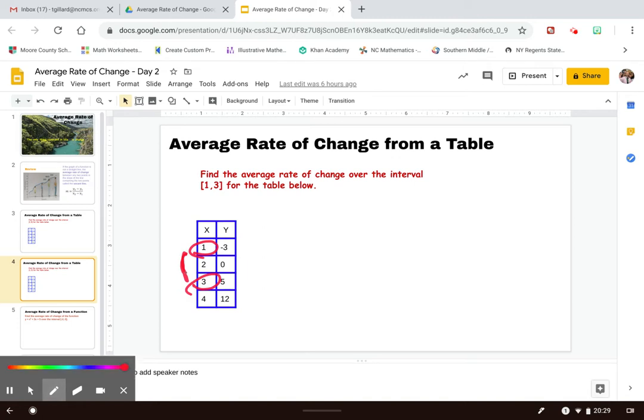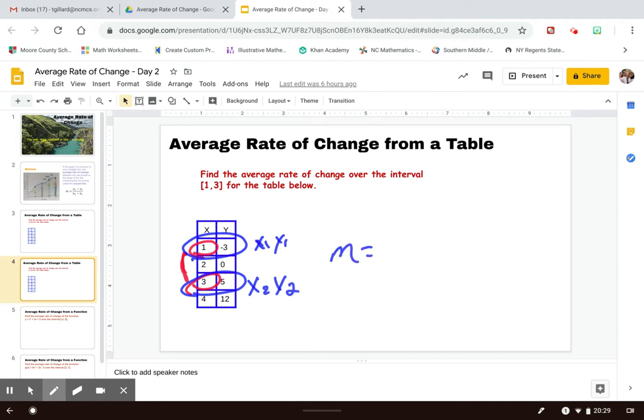So when I use my slope formula, I'll use these two ordered pairs. Here's my x1 and my y1, and then my x2 and my y2. So again, I say m equals y2 minus y1 divided by x2 minus x1.